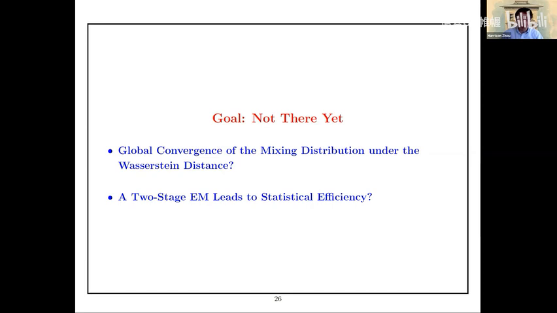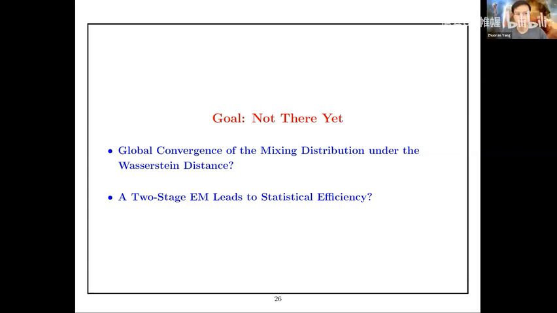But when k grows, say if k is bigger than log n, and we do not have any separation condition, then the best rate you could get is not consistent. So that means the number of components we consider has to be of order less than log n.